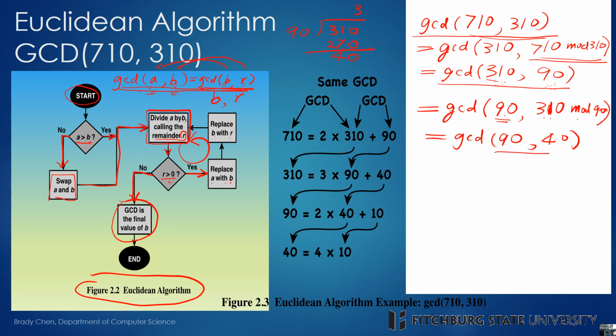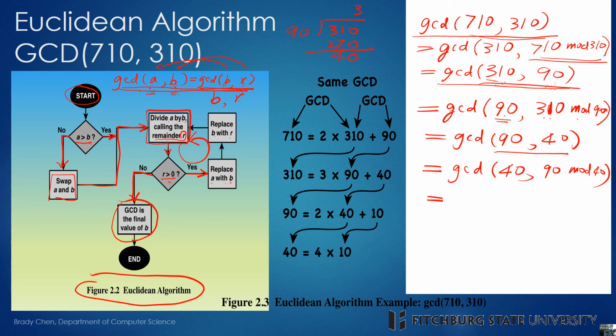Now this is an even smaller problem than the previous one. Then we continue with GCD of 40 and 90 modulo 40.